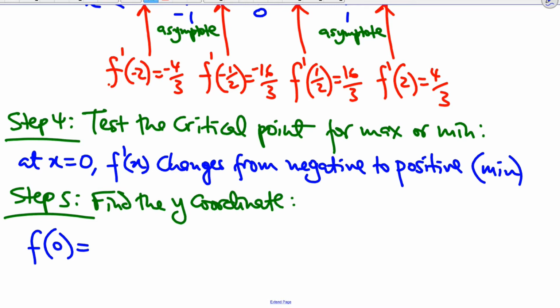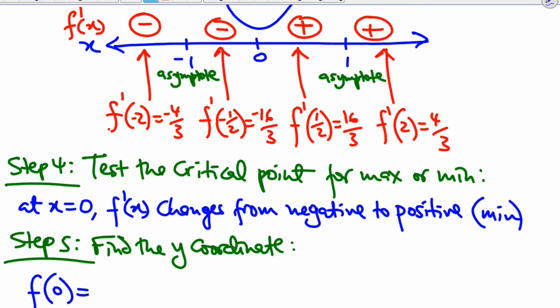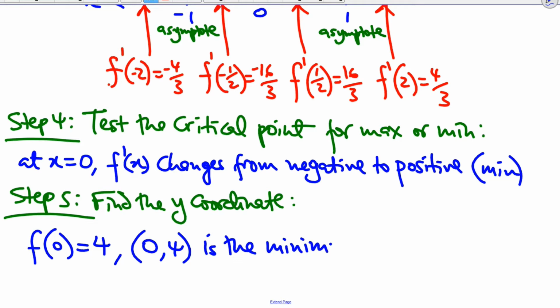If you plug 0 into the original function, the value of y will be 4. So we can go ahead and say (0, 4) is the minimum point.